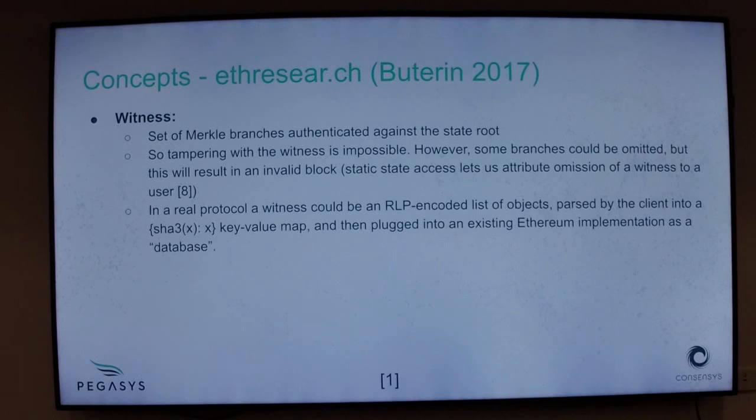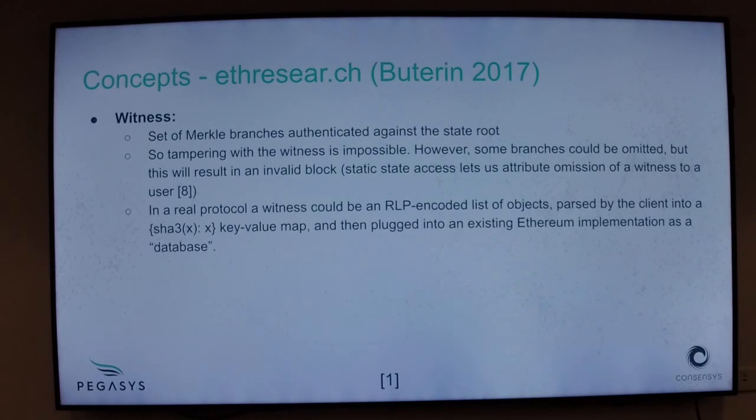So the block producer who is creating the witness will execute the transaction, and he will know what parts of the previous state were read and what parts are going to be written to. So he will put the Merkle branches of the parts of the state that are being read into the witness.